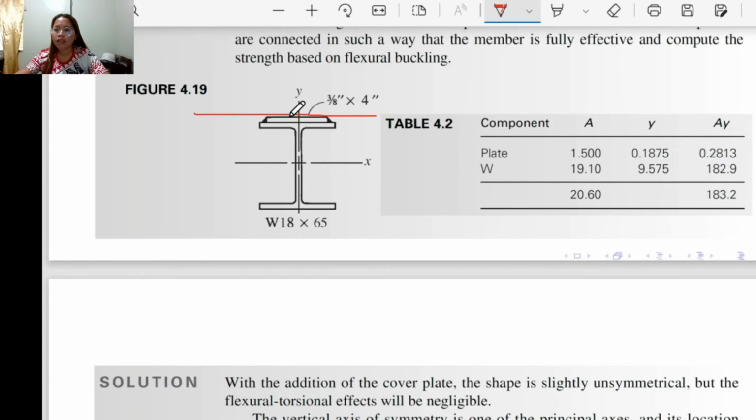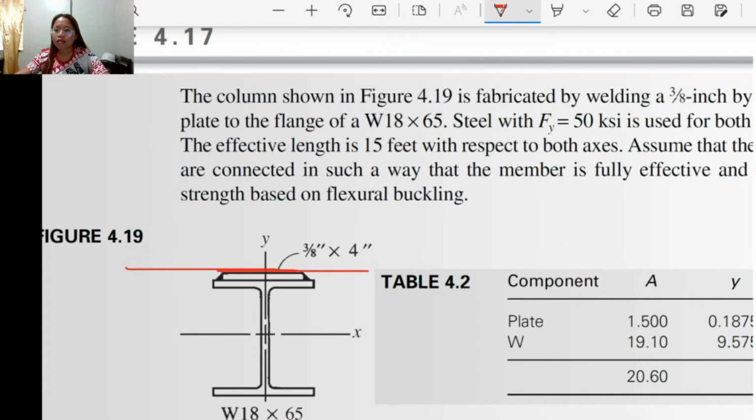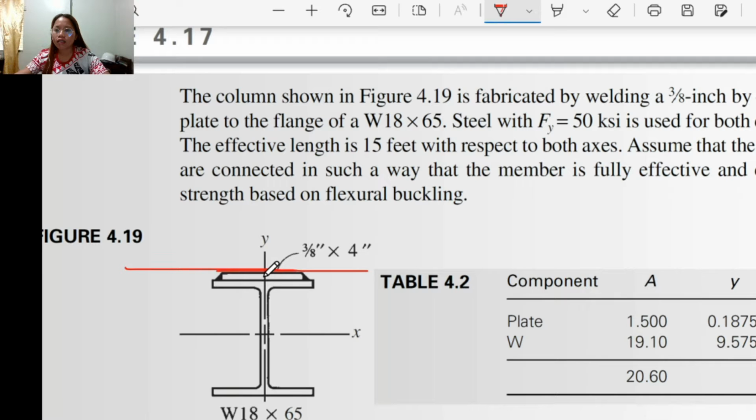So, the centroid of the plate is measured from this line to this centroid. This line to the centroid is half of the thickness, half of 3/8.